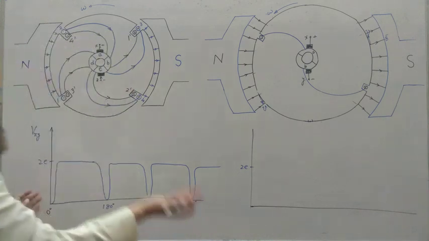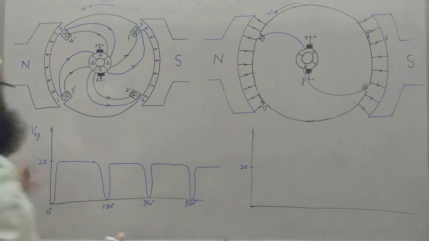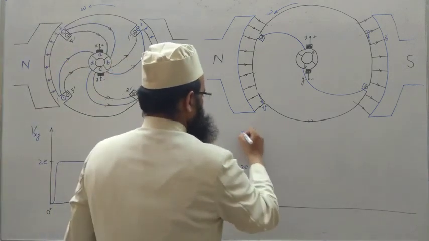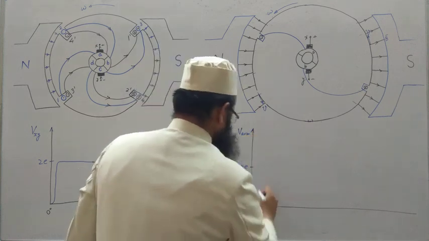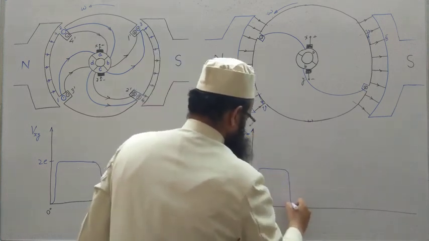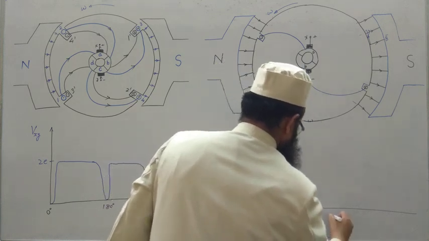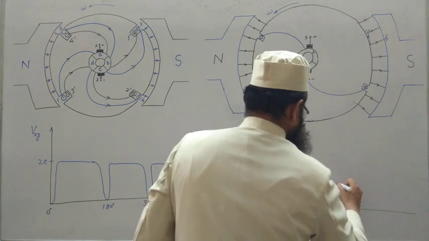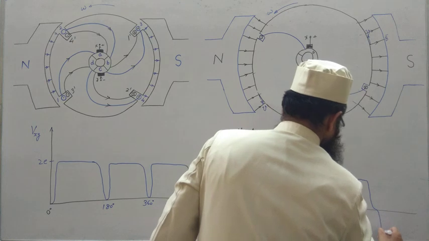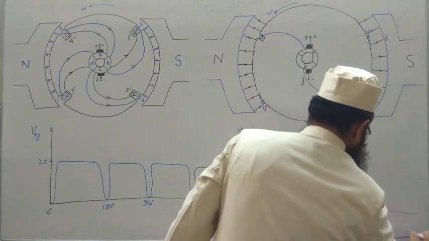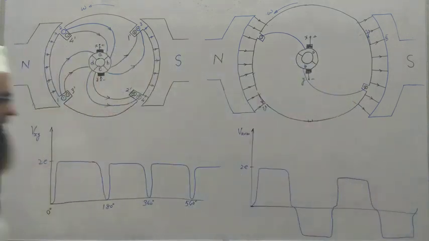So let us draw what we tried to draw earlier. This is the present case VXY, and earlier V armature. So this will be like this, and so on. So mark the points.